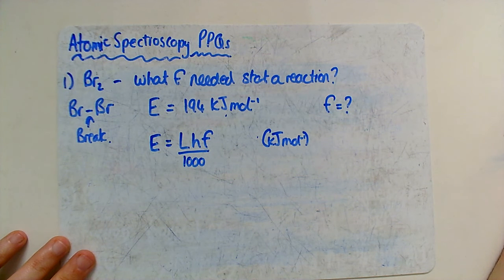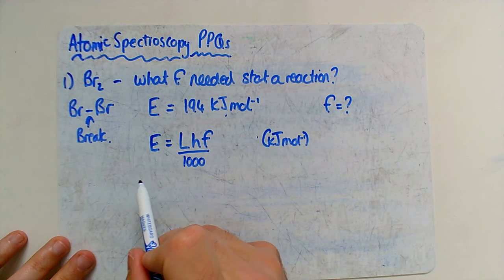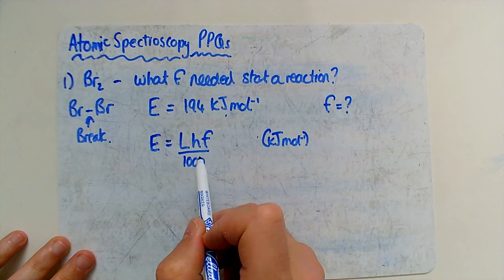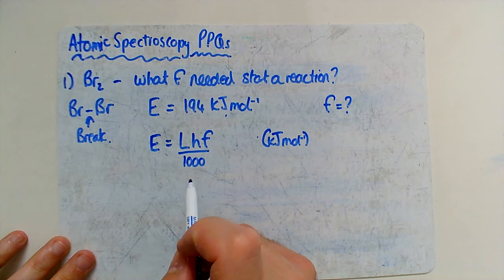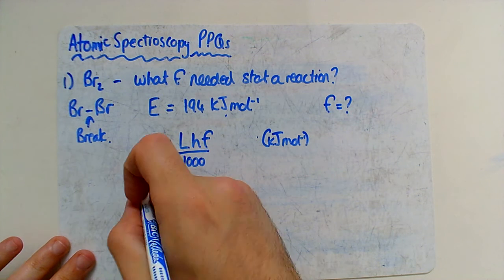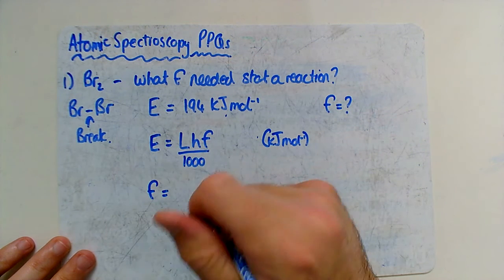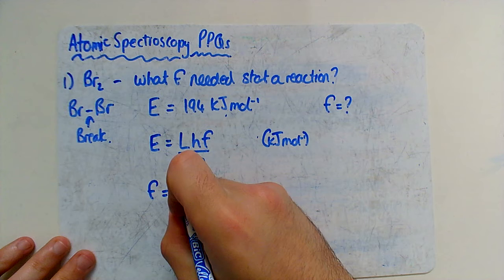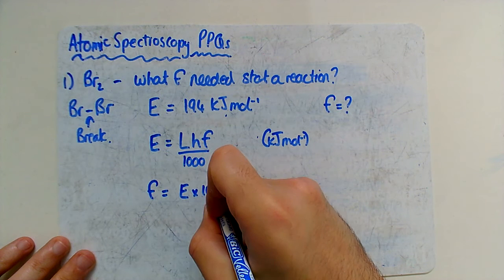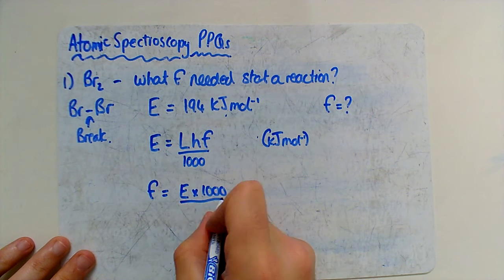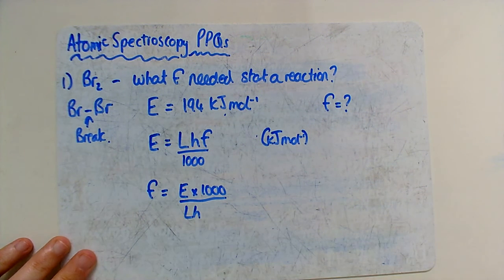Once you've done that, it's a case of putting in the numbers. So you can either rearrange the equation first, making F the subject, or you could fill in the numbers. I'm going to make F the subject first. So F is going to be E multiplied by 1,000 divided by LH.